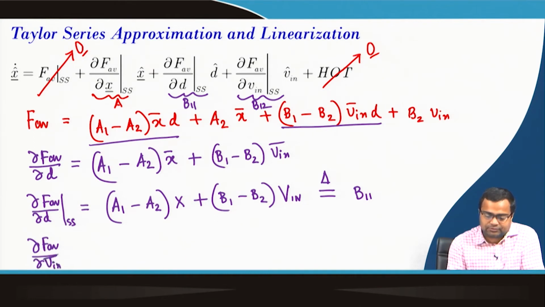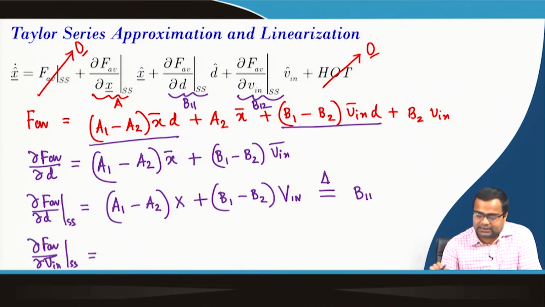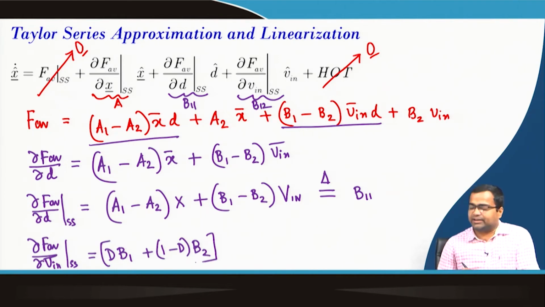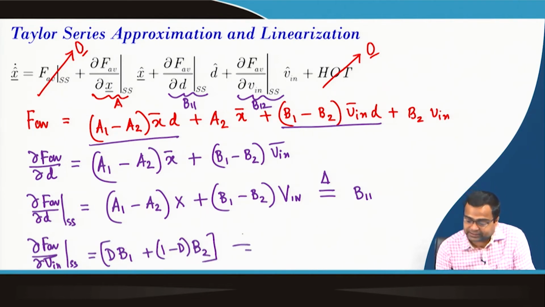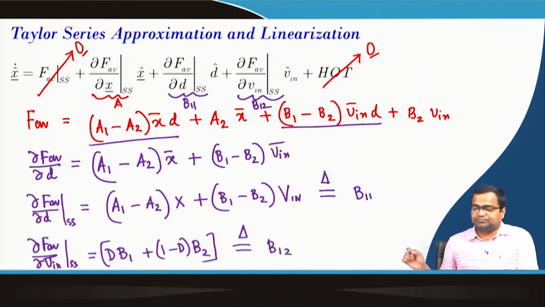If we write down under steady state condition, what will be this? From this expression we can clearly write that it will be only the last term. That means, we will get d into B1 plus (1 − d) into B2. This will be multiplied by Vin, and this is represented by B12. All right.